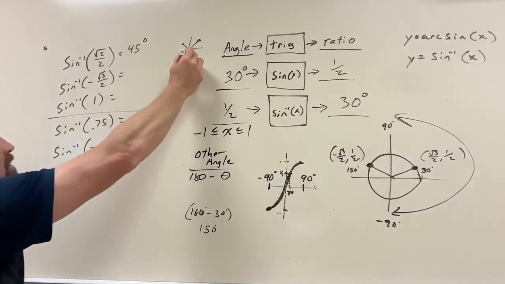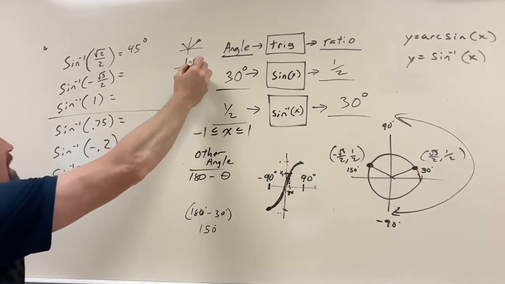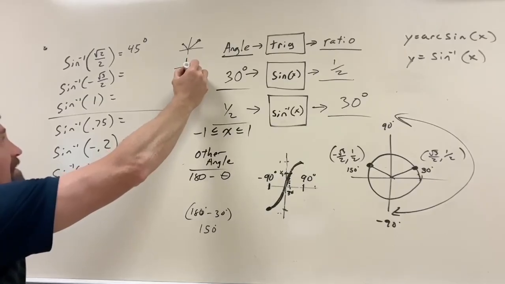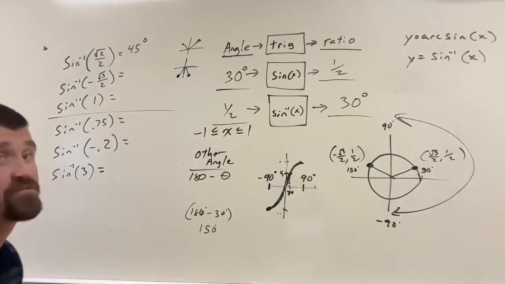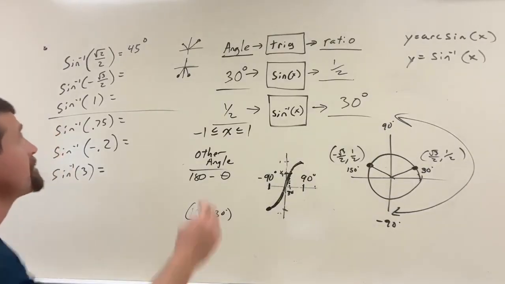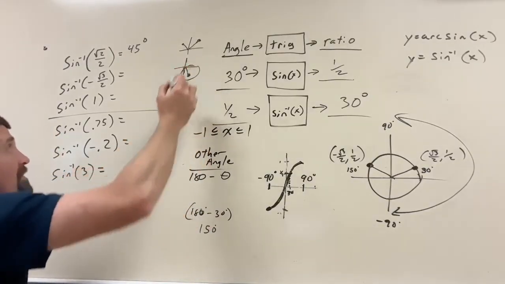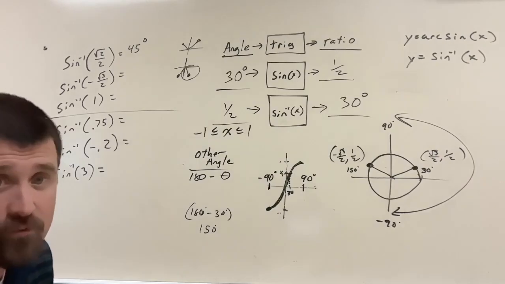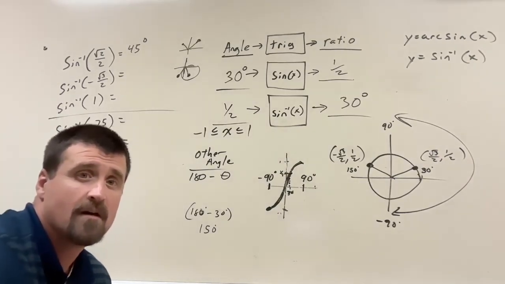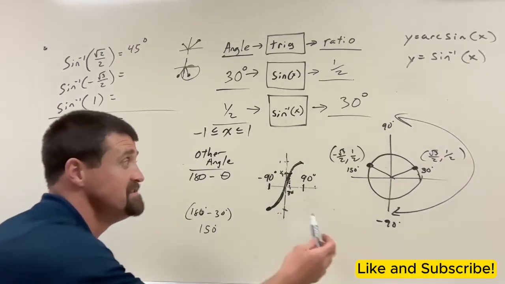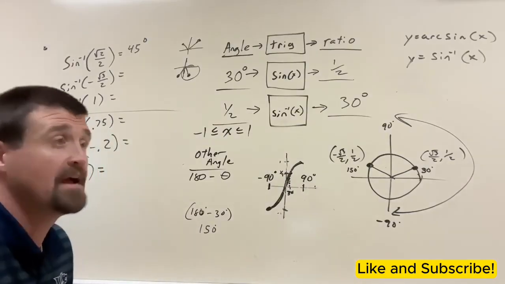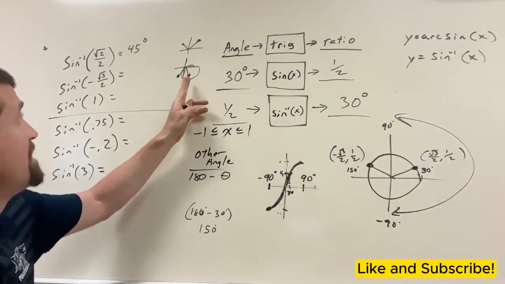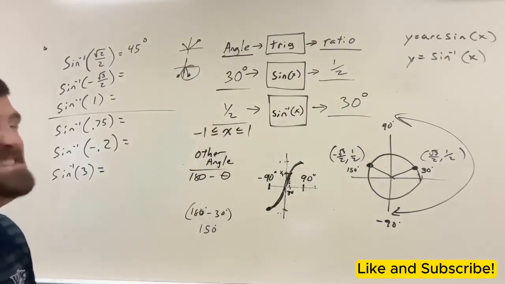Negative square root of 3 over 2 occurs down here and down here. They both have y values of negative square root of 3 over 2 on the unit circle. We're going to get the fourth quadrant angle, but we're not going to call it 300 degrees, because 300 is not between negative 90 and 90. We're going to use a coterminal angle for 300. 300 minus 360 would give us negative 60.